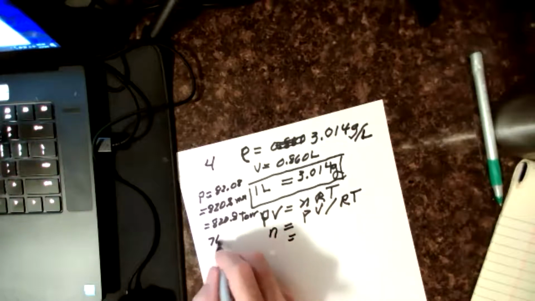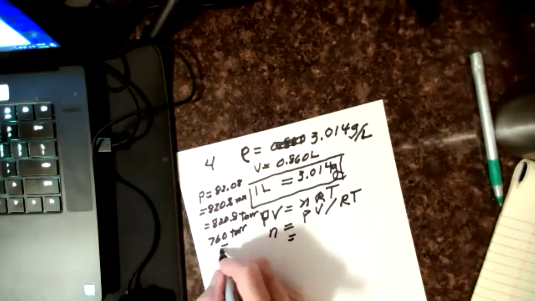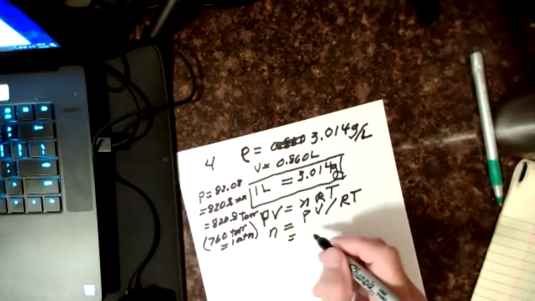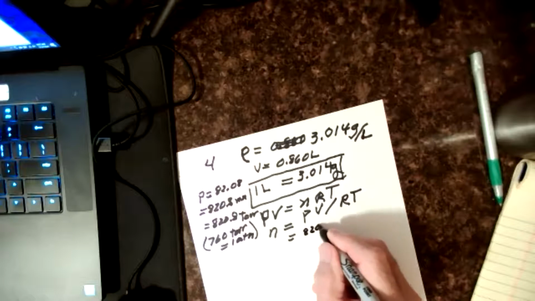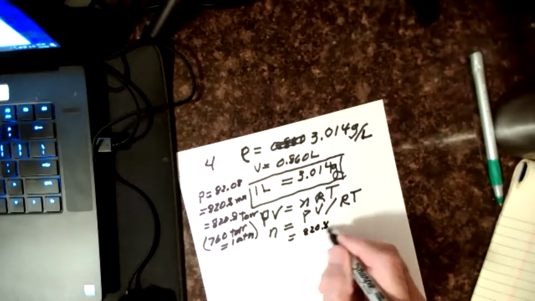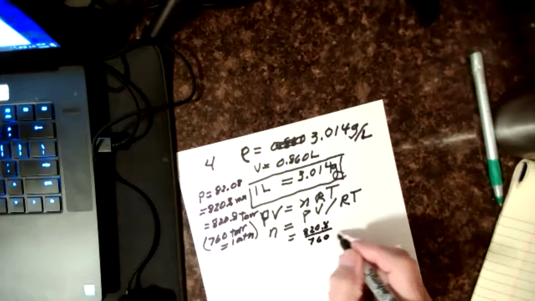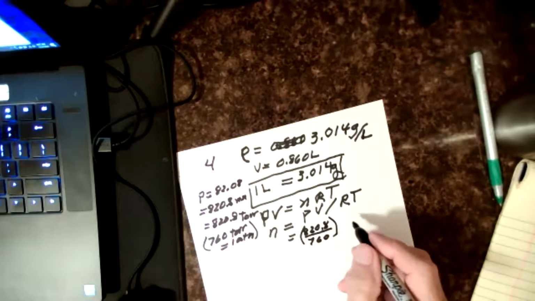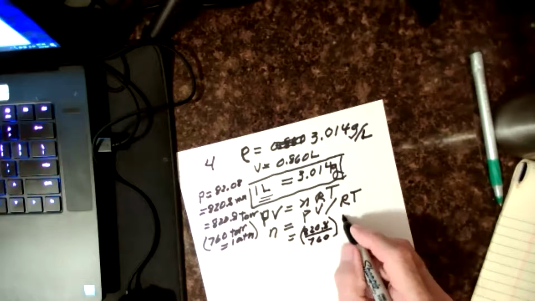Now 760 torr equals 1 atmosphere. That's going to be my conversion to get atmospheres. So what I'm going to put in is 820.8 divided by 760. That's the number of atmospheres. The volume that I'm doing is for 1 liter. So that's a 1.